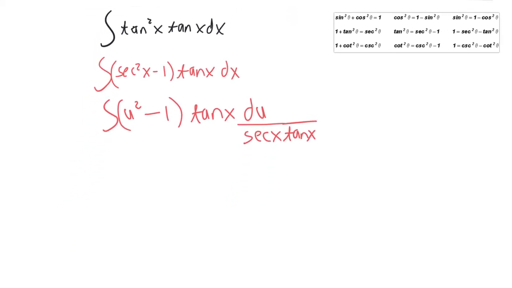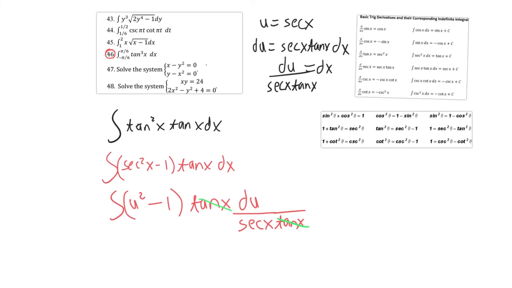Now, as a result of that, I think we could see the tans would cancel. The secant x that remains in the denominator here, well, in reality, that could be replaced by a u. In fact, I could have written that here, but we'll just replace this secant x with a u right now. So I'm going to go ahead and just write that now.